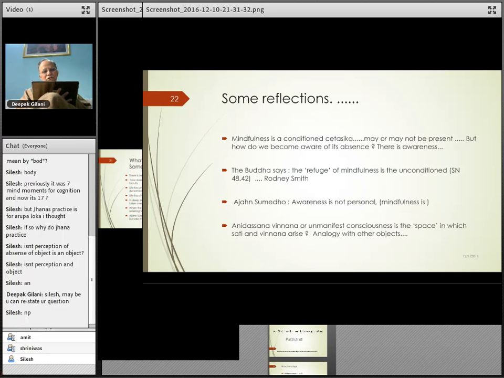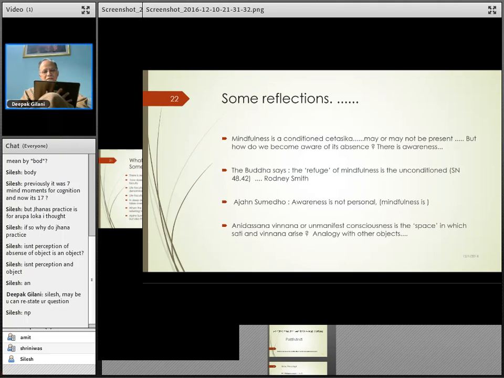So there is something which is operating behind mindfulness. So when the mind wanders away, there is manovijnana, the mind is doing funny things, which means there is a consciousness operating, but we are not mindful. So there are distinctions between mindfulness and consciousness.